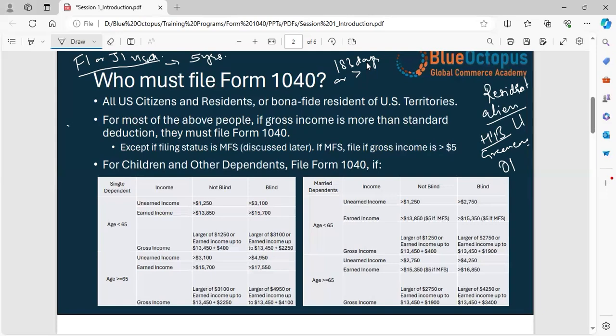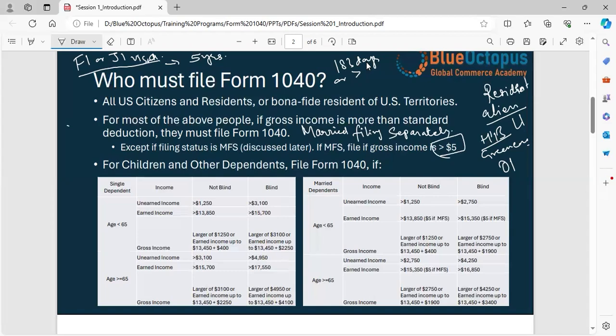There is one exception to the standard deduction: there is one filing status, we call it MFS or married filing separately. People who are married have an option to file together or separately. If you are taking the option to file separately, both spouses, then if your gross income is more than $5, then you are liable to file Form 1040.